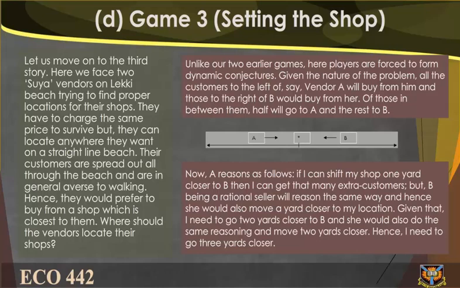If I can shift my shop 1 yard closer to B, then I can get that many extra customers. But B, being a rational seller, will reason the same way, and hence she would also move a yard closer to my location. Given that, I need to go 2 yards closer to B, and she would also do the same reasoning and move 2 yards closer. Hence, I need to go 3 yards closer.